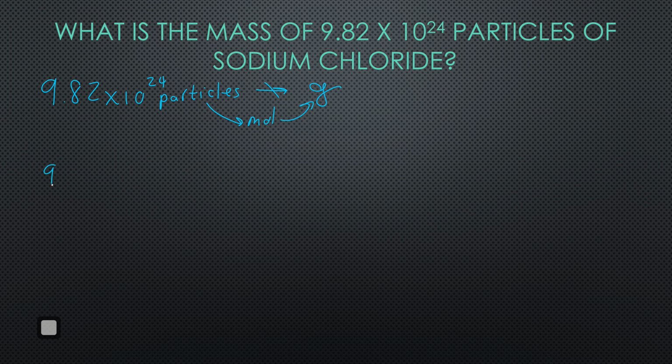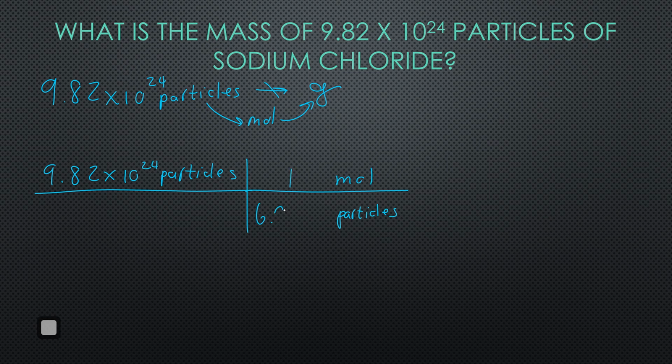So I got to do 9.82 times 10 to the 24th particles. I'm going from particles to moles first. 1 mole, 6.022 times 10 to the 23rd. Then I'm going to go from moles to grams.